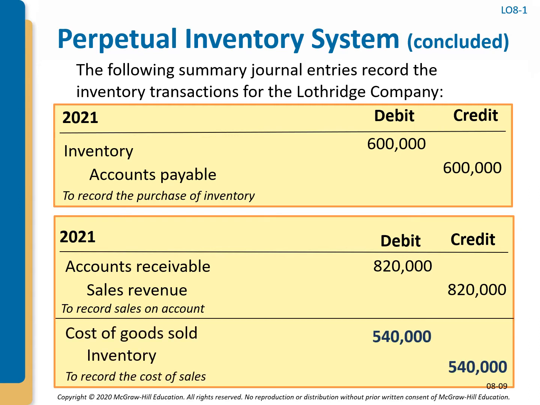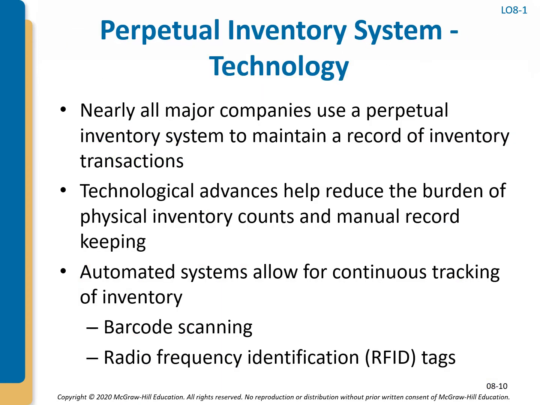So cost of goods sold is recorded and inventory is reduced for the same amount. So in summary, the perpetual system records all transactions when they happen, just as it was shown in the example that we've just done.